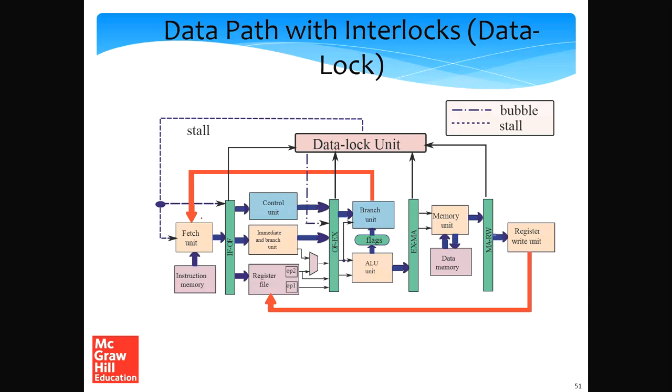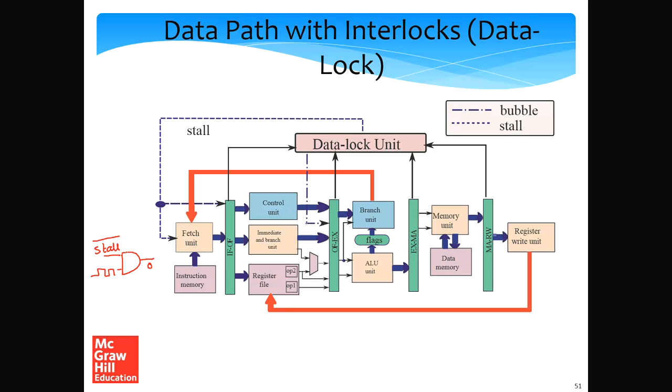An easy way of implementing the stall signal is to have an AND gate, where the clock enters on one side and the NOT of the stall signal enters on the other side. If the stall signal is 0, the output is the clock. If the stall signal is 1, then the output is 0. This can be the clock input for the fetch unit as well as the IF-OF unit. So both of these units will stall, and no new instruction will be able to enter into them.